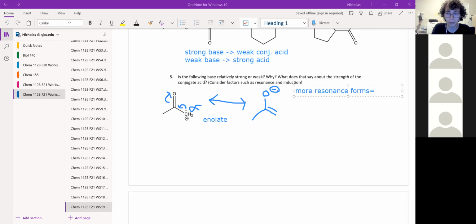Forms stable. And if something is more stable, what does that say about its reactivity? Well, I think you already said it, actually.